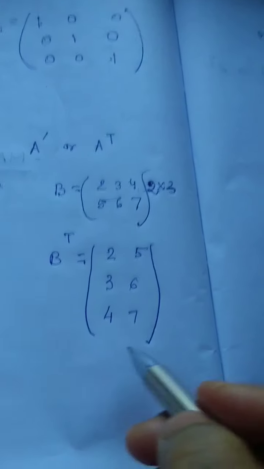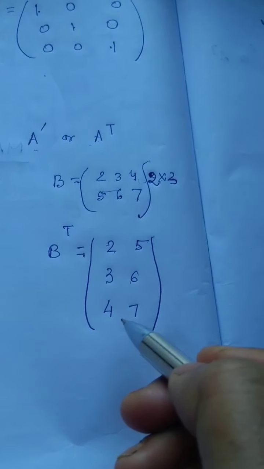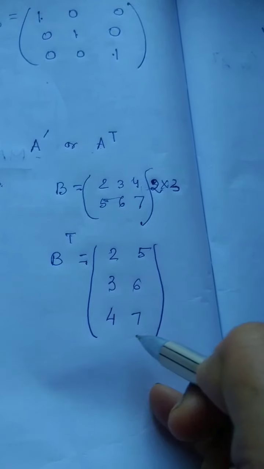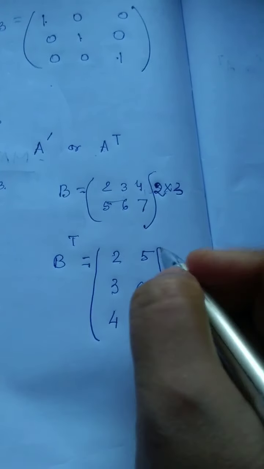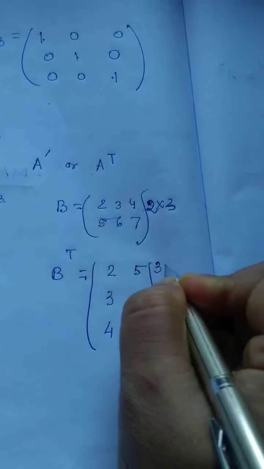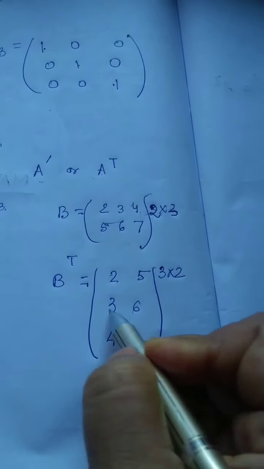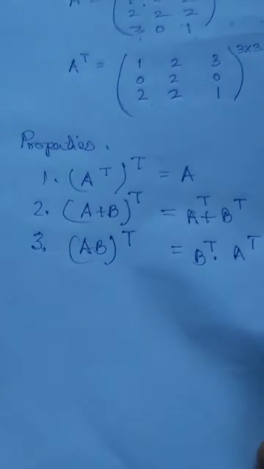So this is my B transposed. I have obtained it by interchanging the rows and the columns. Now order of B transposed will be equal to 3 cross 2, as there are 3 rows and there are 2 columns.